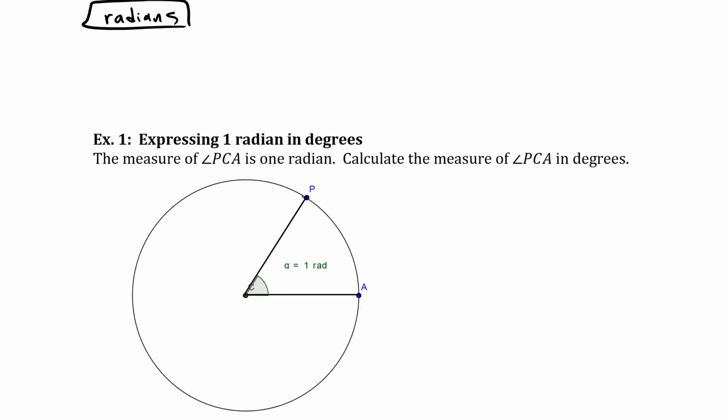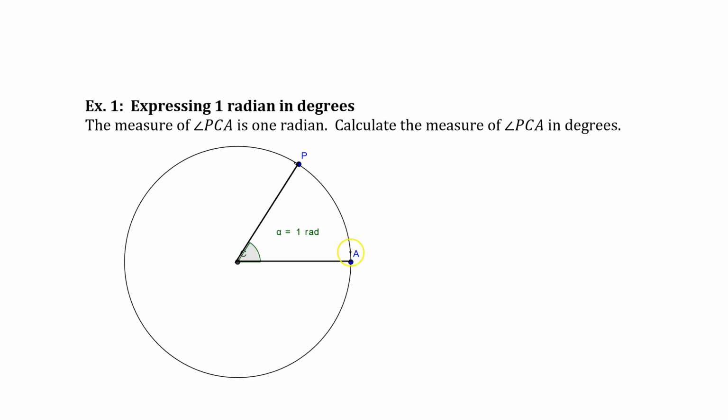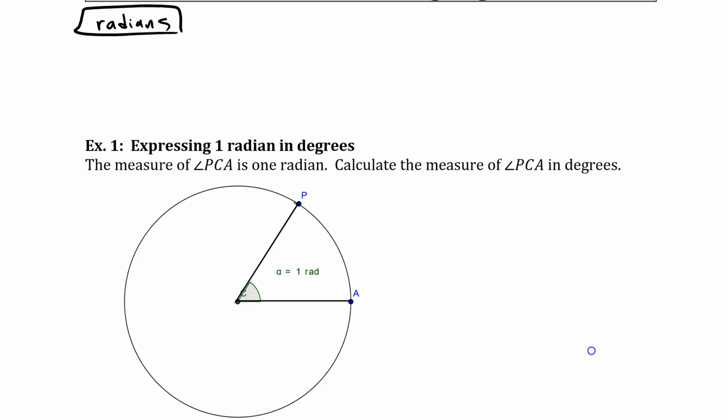So 2 pi is something like 6.28. So let's just visualize it here. If this is 1 radian, 2, 3, 4, 5, 6 and a bit. Okay, how cool is that? Then that was just a very rough estimate. I'm sure that if you would take any circle, measure its radius and place it around here, you'll find that 6 and a bit radii will fit all the way through the circle.